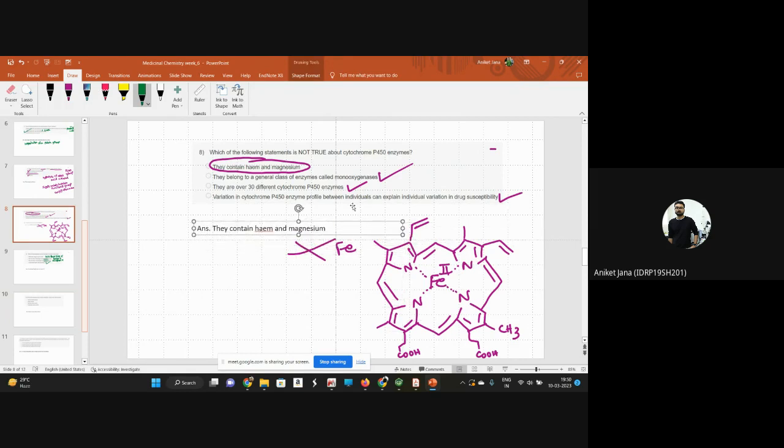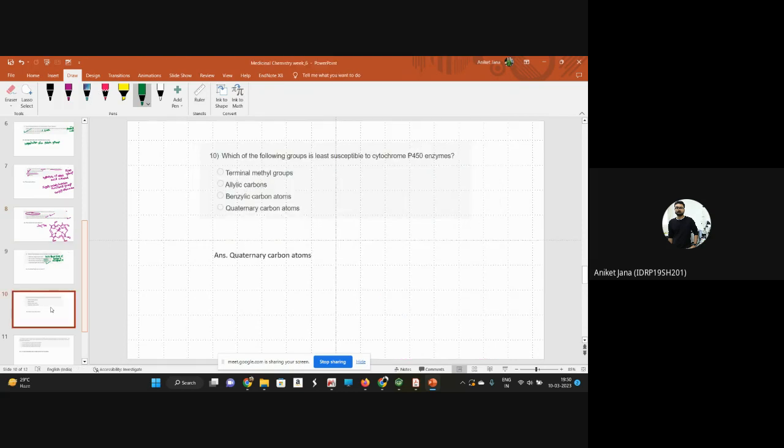This is a hint for the next one. So tell me which one is the probable answer: terminal methyl group, allylic carbon, benzylic carbon atoms, or quaternary carbon atom. Definitely a quaternary carbon atom, because of the steric reason.